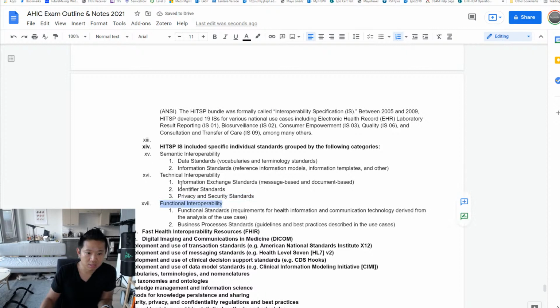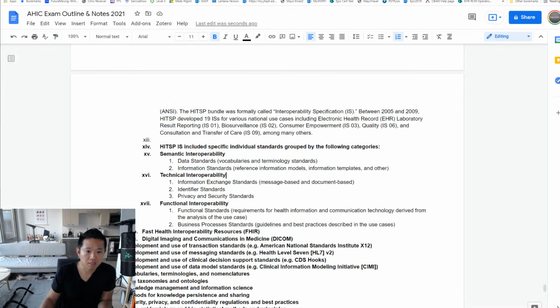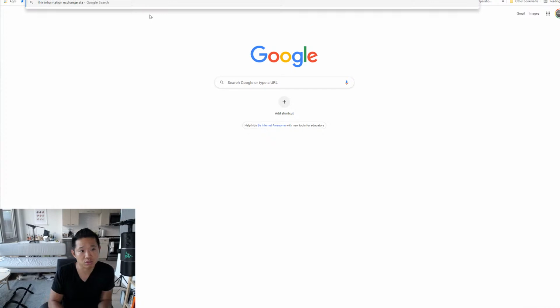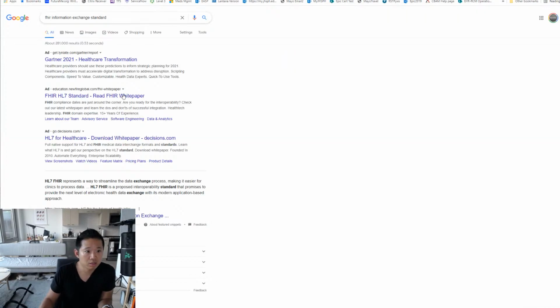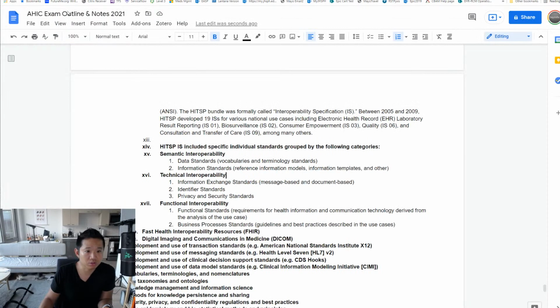So this is the key piece, and then I believe FHIR was in information exchange standards, and then DICOM I think was a data standard. Let me just confirm. FHIR is an information exchange standard. I'm pretty sure it's an information exchange standard, FHIR information exchange, message based.